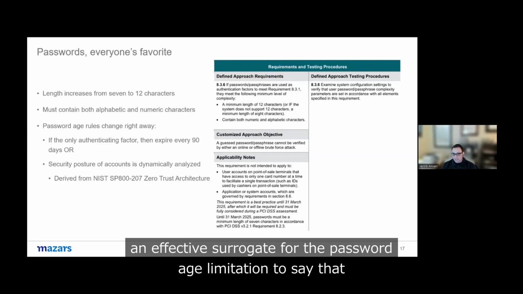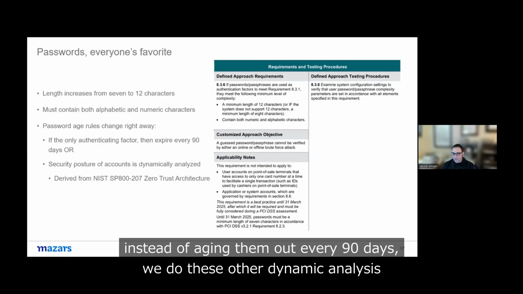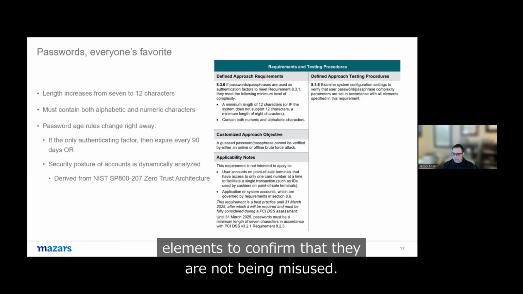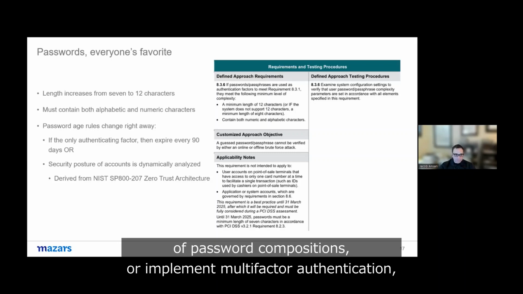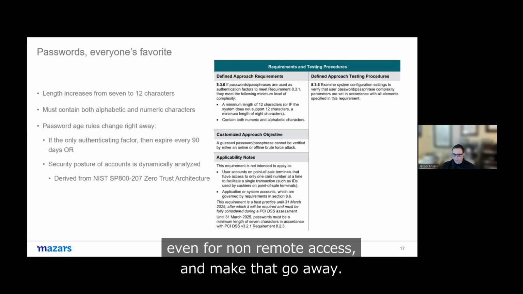That can be an effective surrogate for the password age limitation, to say that instead of aging them out every 90 days, we do these other dynamic analysis elements to confirm that they are not being misused. That's the goal of this in terms of password compositions. Or, implement multi-factor authentication even for non-remote access and make that go away.